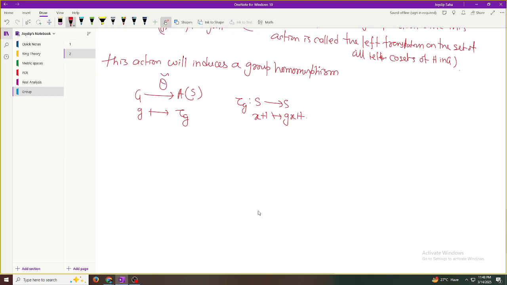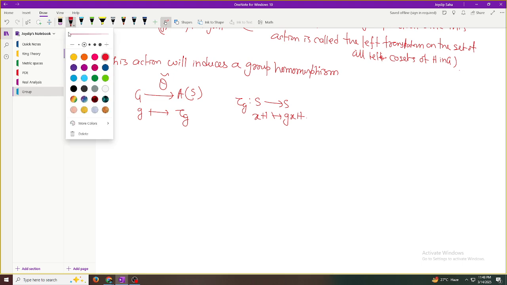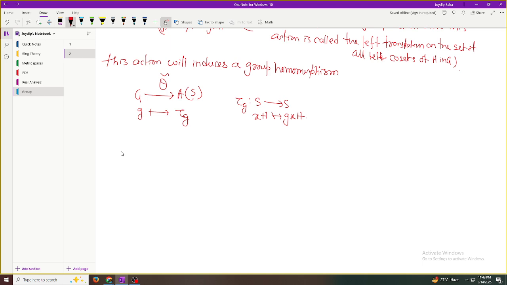Now what is the kernel? Again, I am interested in the kernel. Suppose g belongs to the kernel of theta tilde.